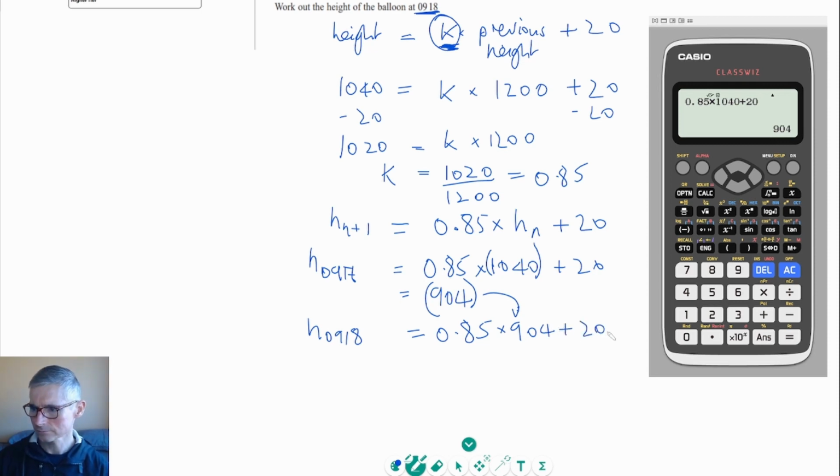If I put that into the calculator, that's what I get as a fraction, but I actually just need it as a decimal. So there we go, 788.4 meters. So that's our height at 0918.